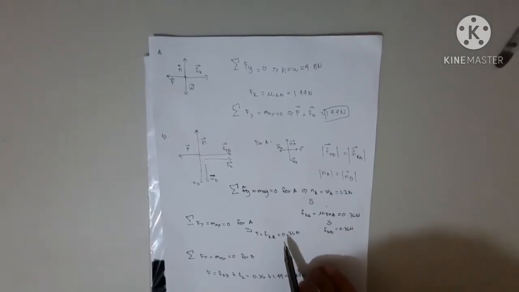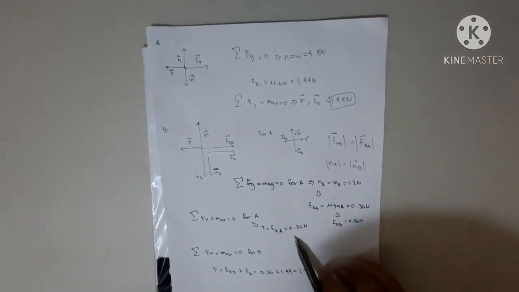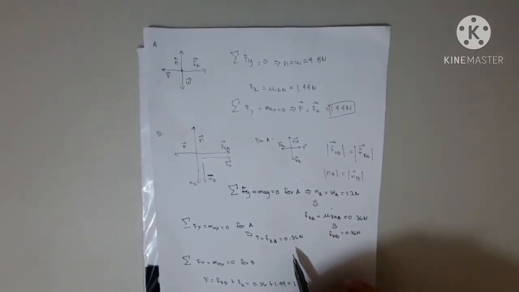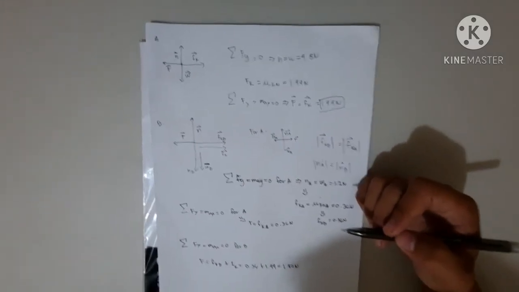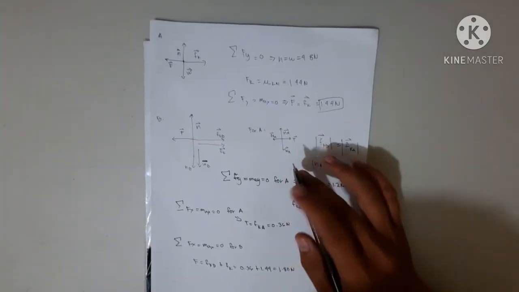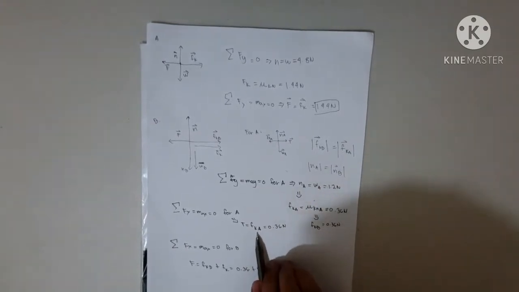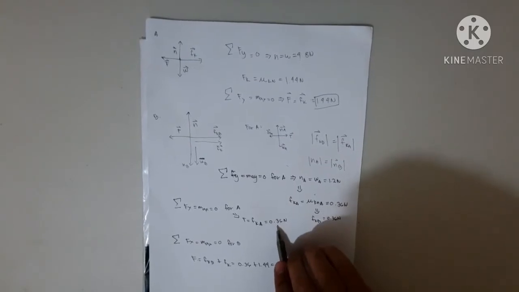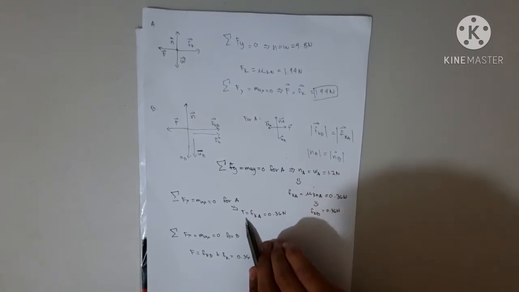And we just found out that FKA was 0.36 newtons. So the tension is also 0.36 newtons.